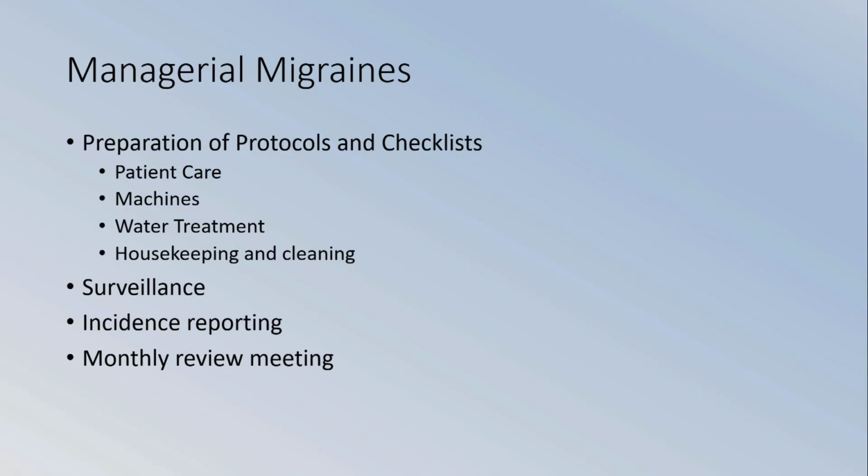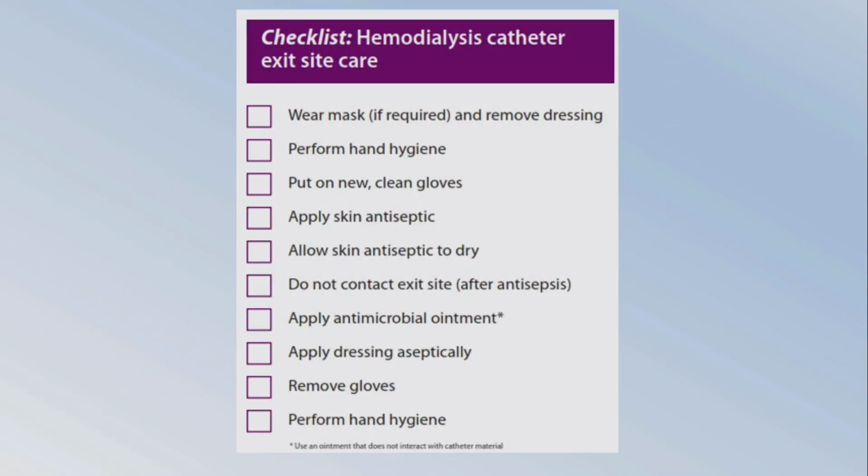You can decide for your own unit which things you want to monitor every month. What we had decided for ourselves is certain critical incidences that have to be reported, documented, and monitored every month. And then carrot and stick approach, you have to have some incentives and some punishments. As a manager, you need to do that.